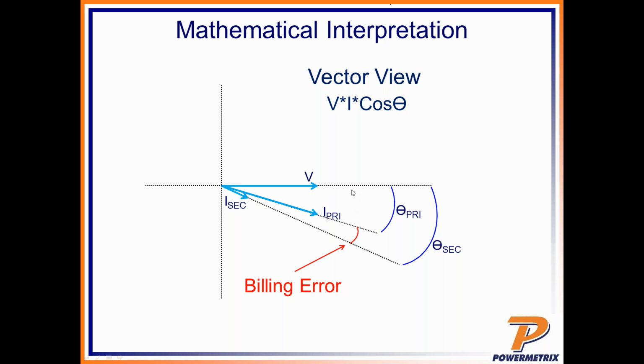But that's obviously not what the meter sees. The meter sees the secondary current. So if you have an angle between the primary current and the secondary current, because of an error in that CT, it's going to create this billing error here. So we're looking at the amplitude of this secondary current and the phase error. That makes up that entire measurement. So sometimes it's a little bit easier to see it as a vector view.